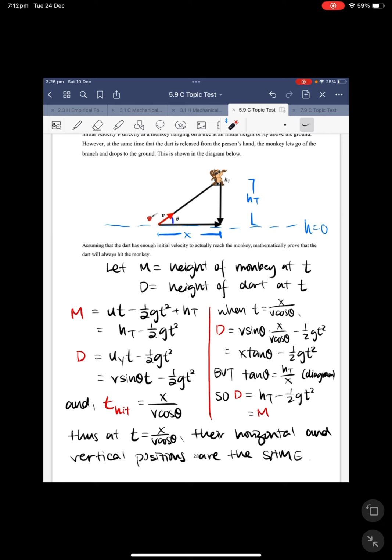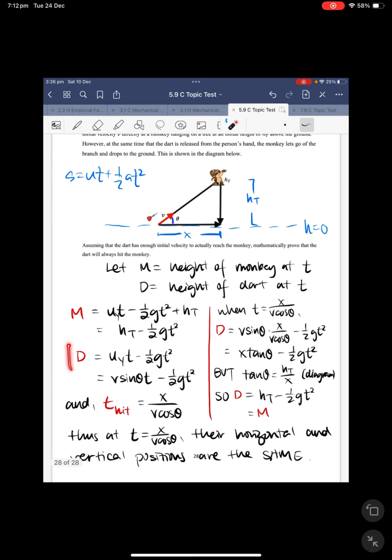We know from our SUVAT equations, s equals ut plus half at squared. And so we can apply that here, m equals ut minus half gt squared. But it's also got this initial height of ht, which we also have to factor in. Now, because the initial vertical velocity, uy, of the monkey is 0, this just simplifies to ht minus half gt squared.